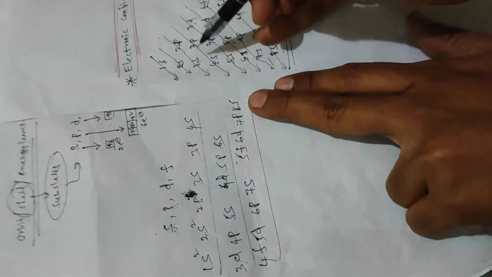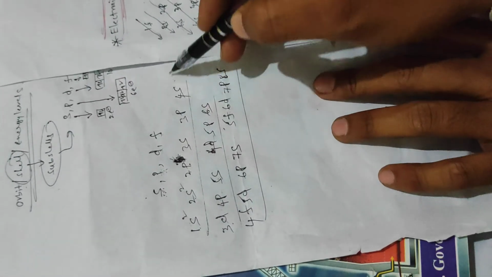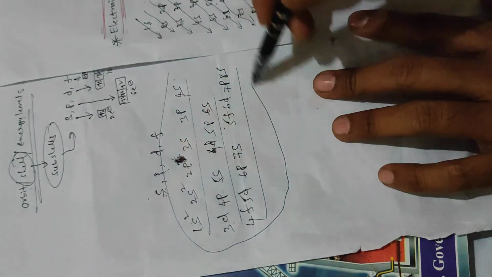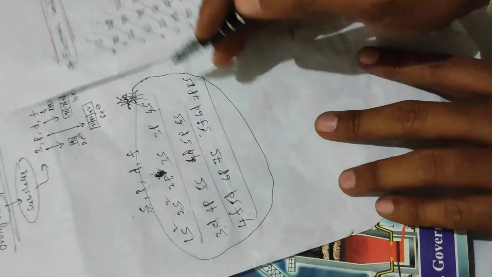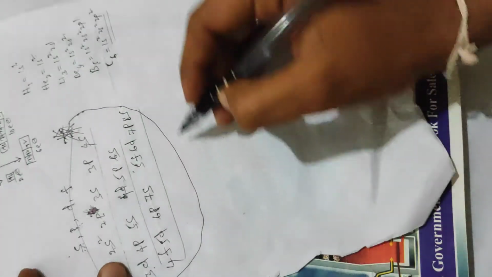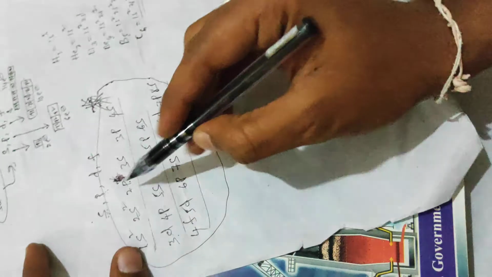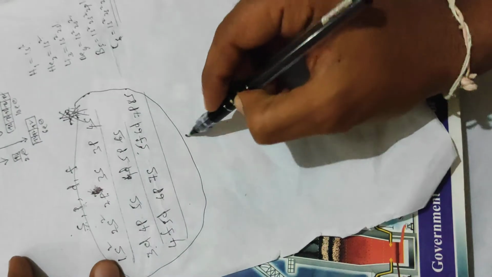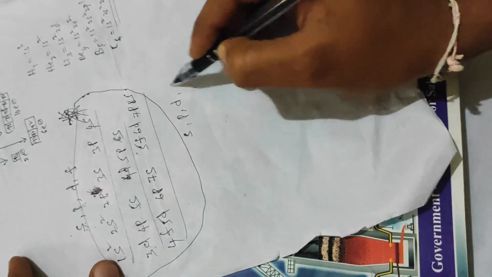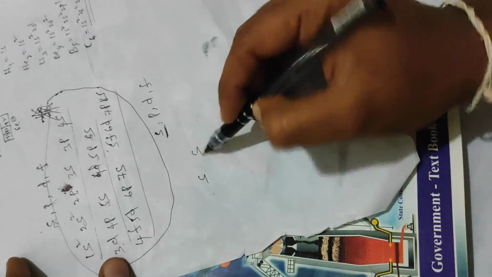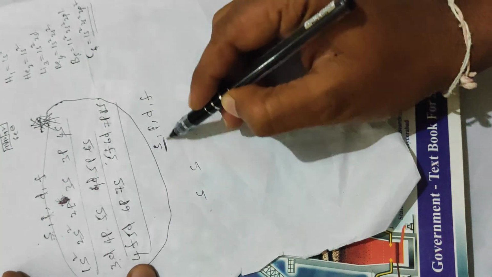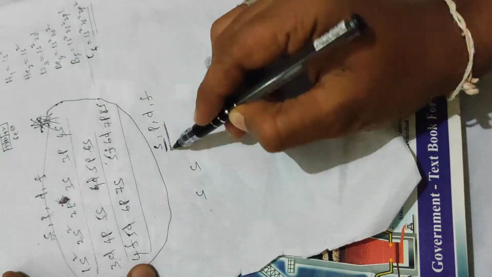So I am directly writing the electronic configuration according to the Aufbau diagram. I am explaining once again how we write it: SPDF. When you are writing the SPDF orbitals, write down s orbital 2 times, ss. After that ps, 2 times, from the back side.